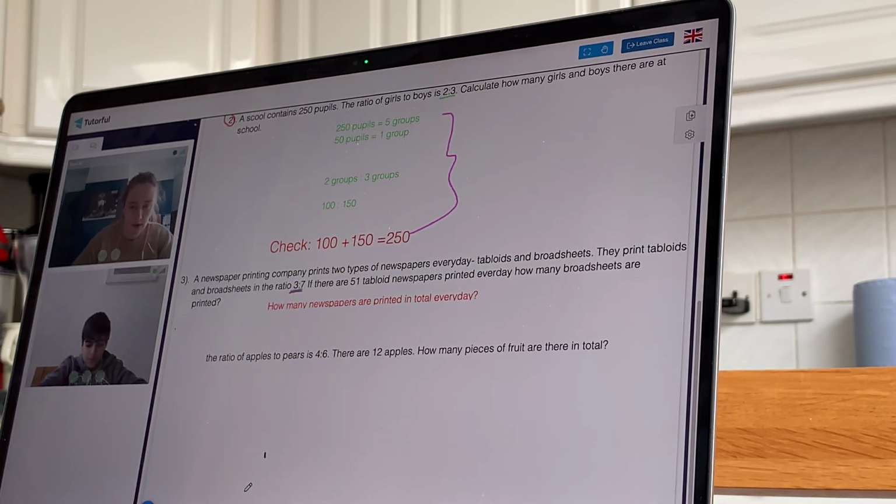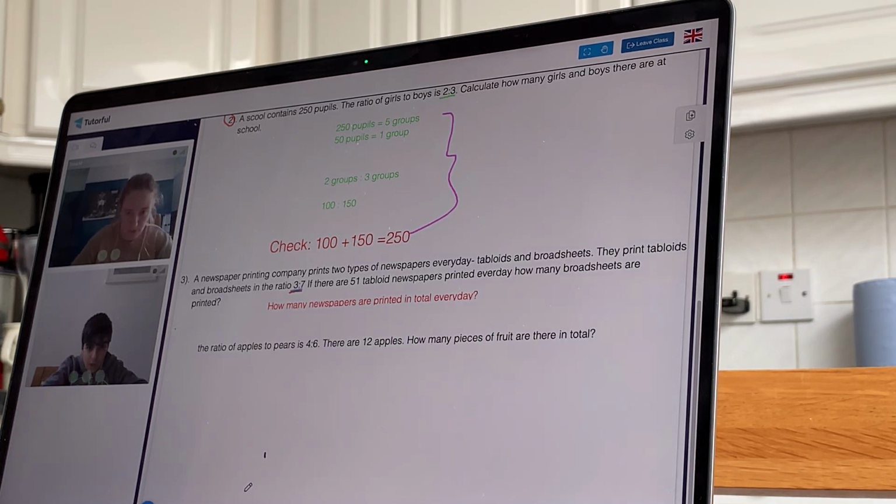Okay, there's a new question. The ratio of apples to pears is 4 to 6. If there are 12 apples, how many pieces of fruit? Okay, 4 to 6.